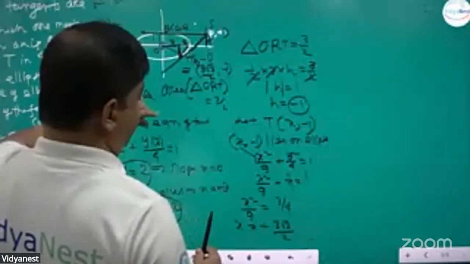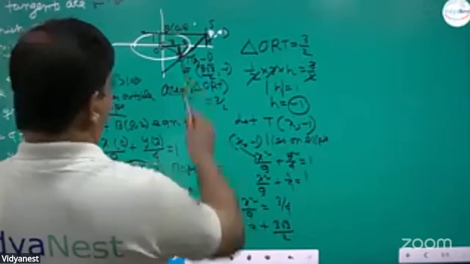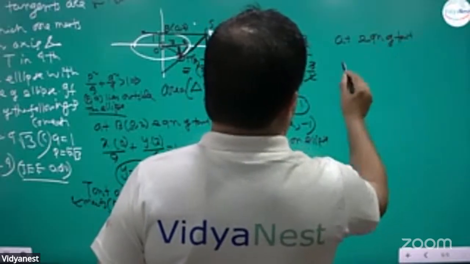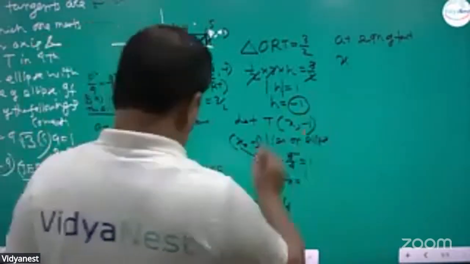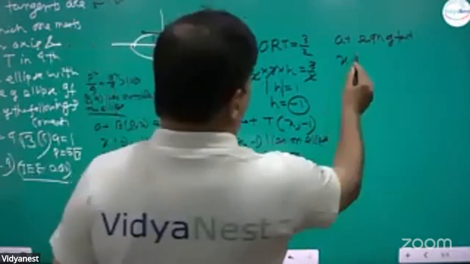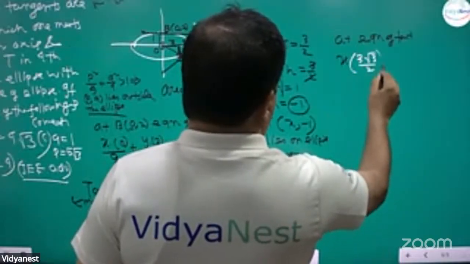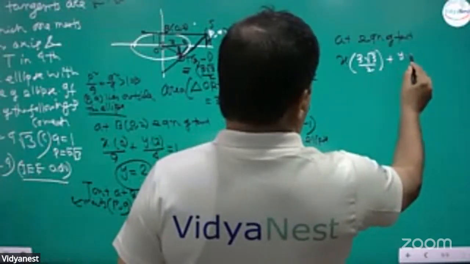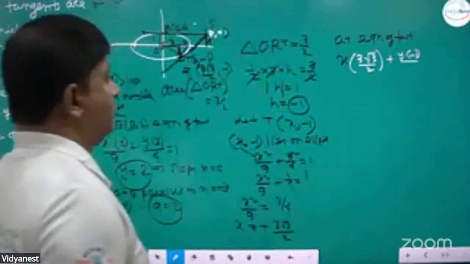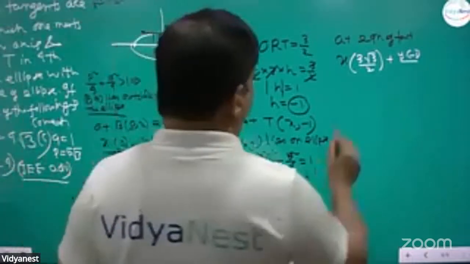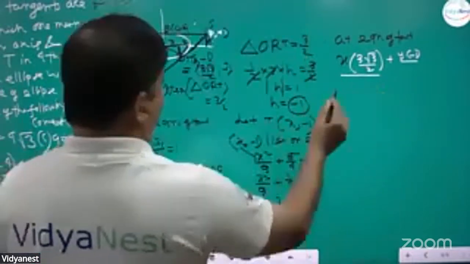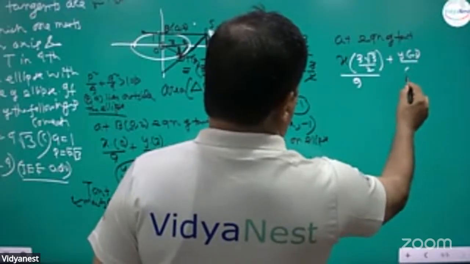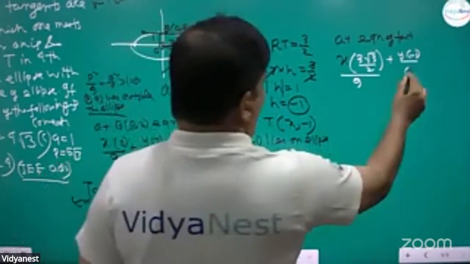Wait for a while. At T, the equation of the tangent is what? x1, that is 3 root 3 by 2, by 9, plus y1, that is -1, by 4.